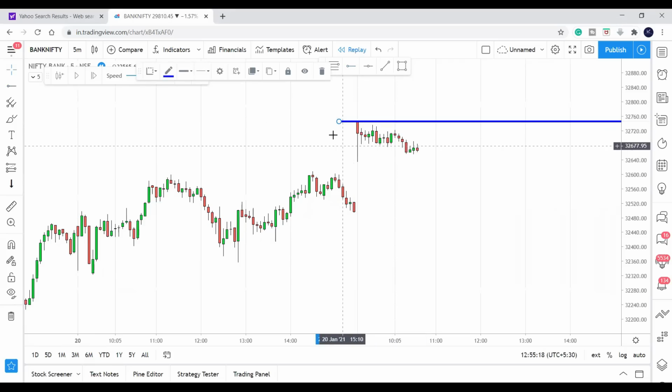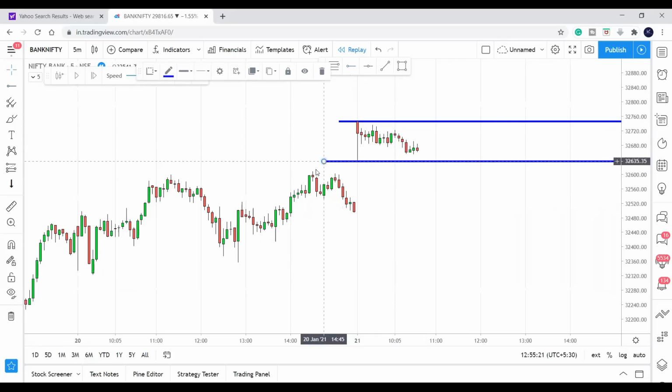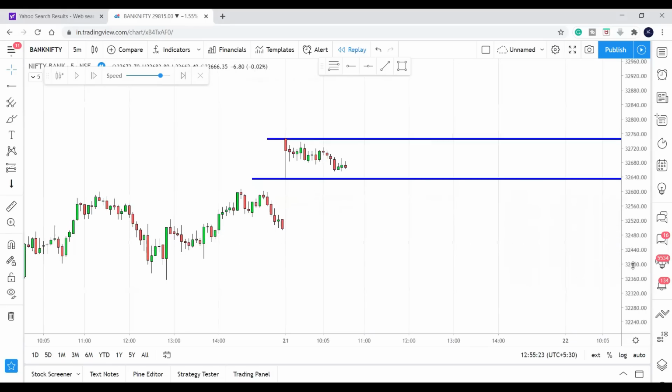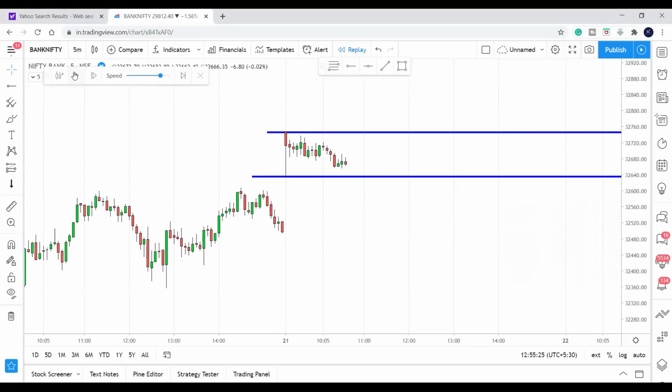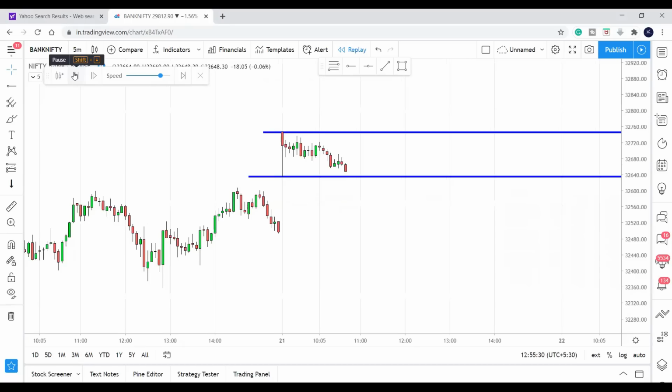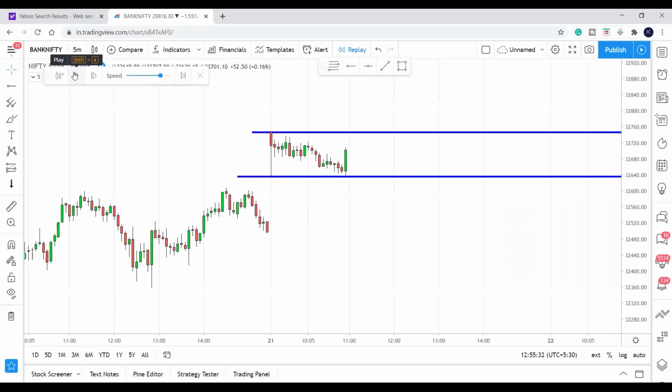Yes, this is the resistance, this is the support, right? So I marked that on my chart. Let us wait and see whether a breakout happens or it bounces from the support or resistance. Almost it came near the support and made a big bullish candle, right? So that level acted as a support.